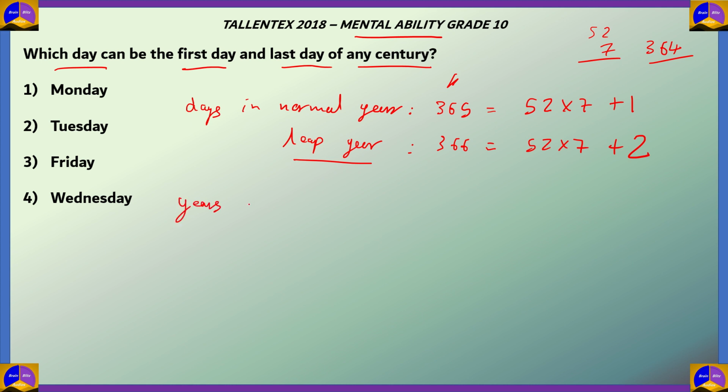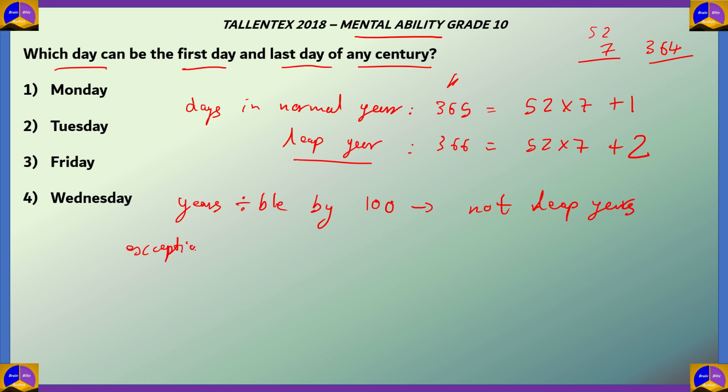Now, years which are divisible by 100 are not leap years. However, there's an exception.